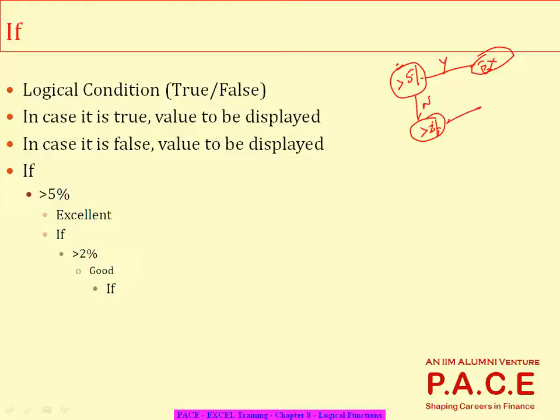Again this will give a yes or a no. If this gives yes, I can write it as good, because greater than 2 but not greater than 5, which is lying between 2 to 5. Whereas if this gives no, again I'll have to test for greater than minus 2%. Like that I have to go.